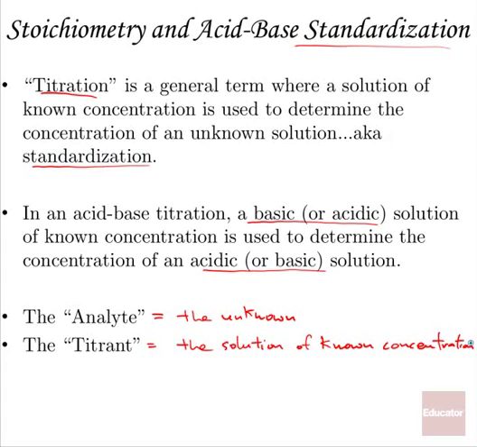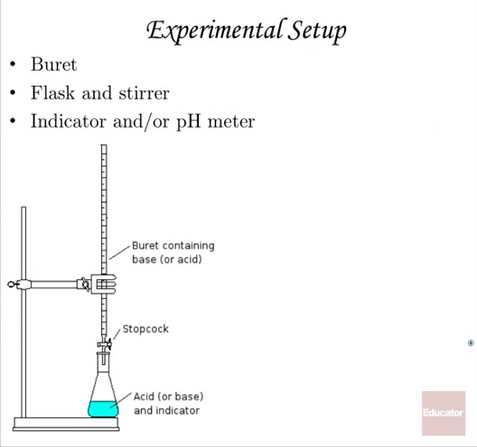All right. Let's get into the experimental setup. A typical titration has the following. A buret is basically a very precise piece of glassware used to deliver small aliquots of liquid. Burets are usually pretty precise, up to 0.01 milliliters. In the buret typically goes the titrant, everybody.